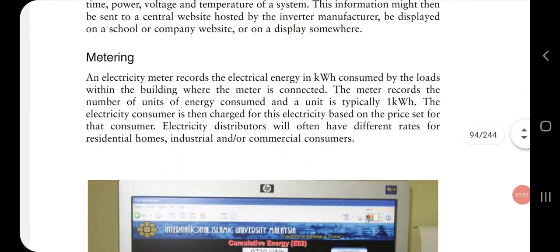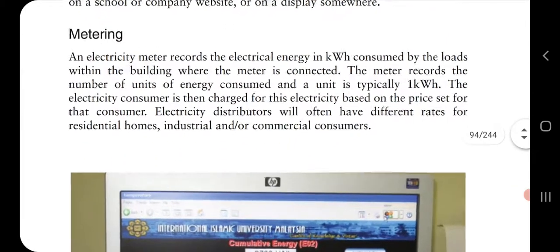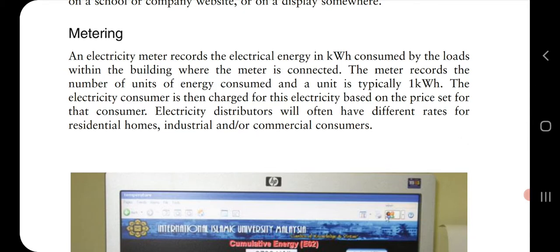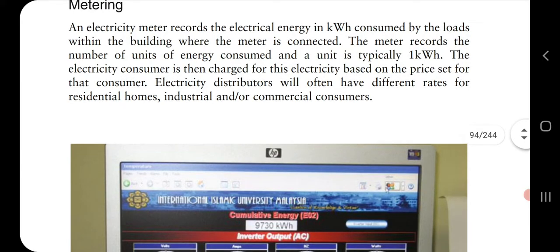Metering is very important. In metering, they record the consumption that is exported or imported to the grid, and based upon the consumption or export, the units are recorded, and the rate is fixed by the particular governing body.